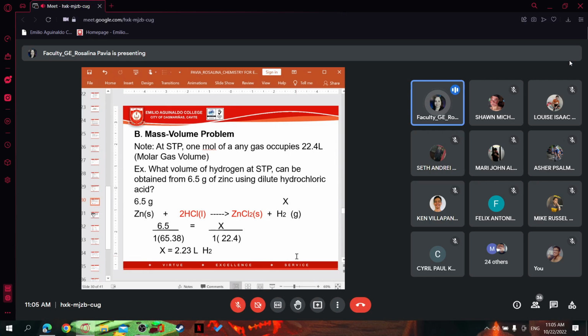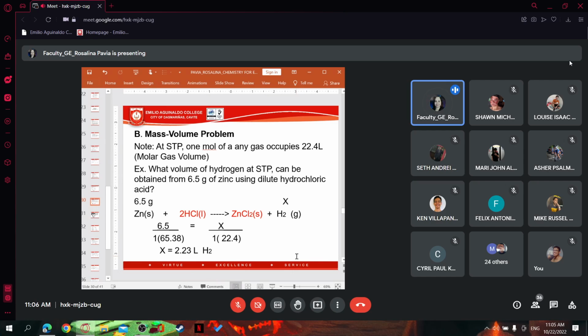Hindi siya concentrated. Okay? So check the equation if it is balanced already. We have 1 mole of zinc added with 2 moles of HCl will give you 1 mole of zinc chloride plus hydrogen gas, 1 mole.